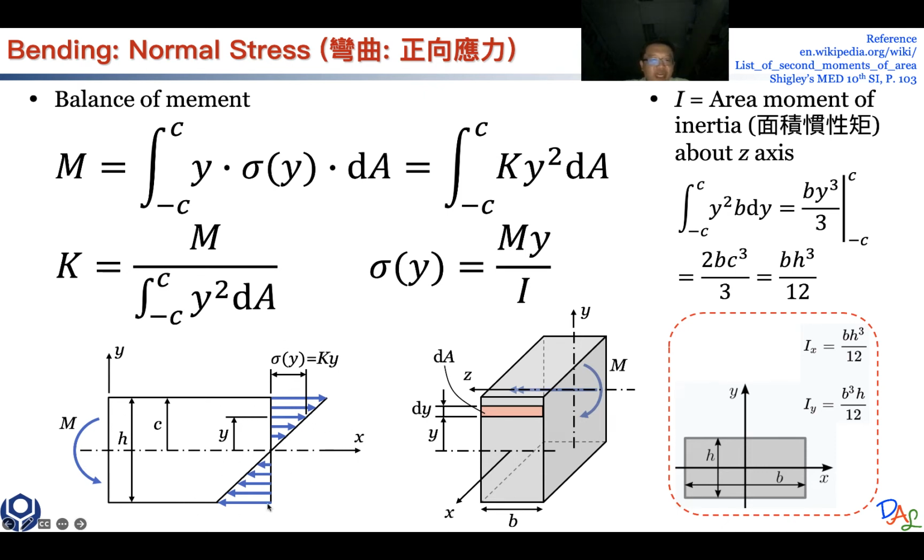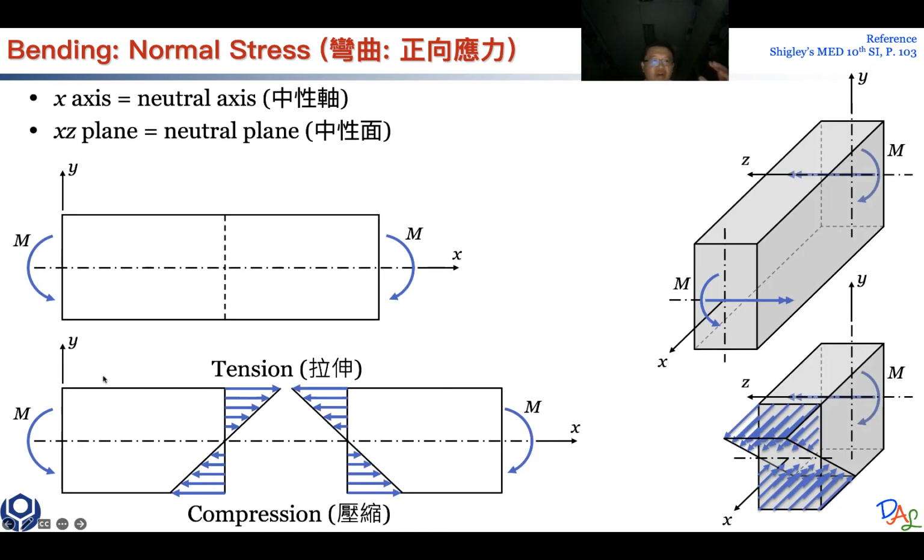In statics we know that for the entire original rectangle, if this whole thing is our considered system, we should follow balance of moment.